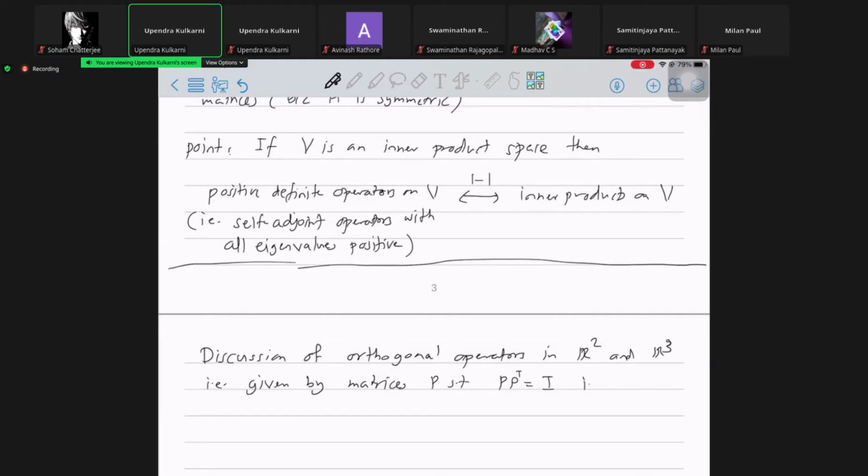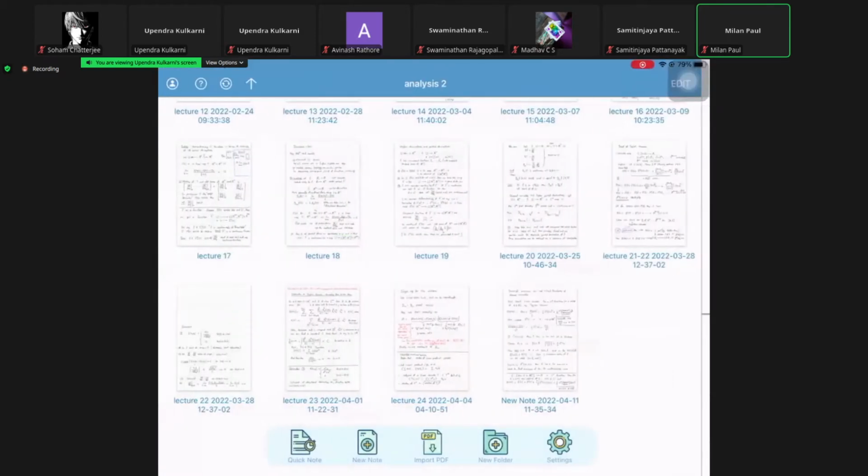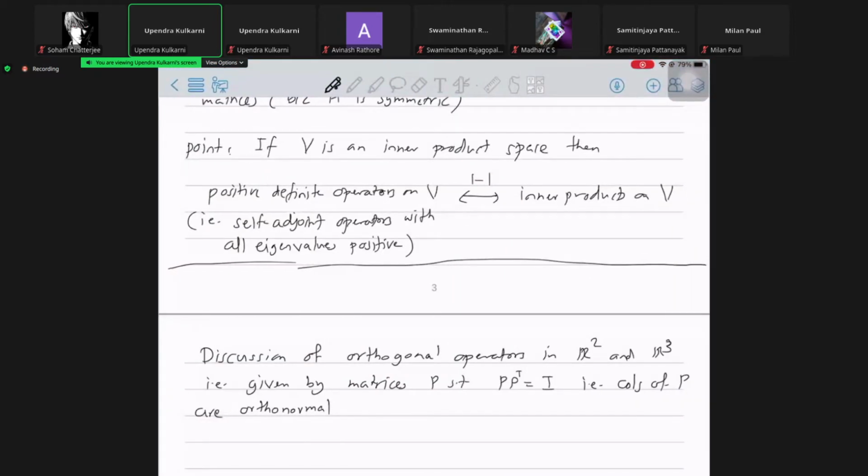So what does this equation mean? P P transpose equal to identity is exactly saying that the rows or columns, because this equation is equivalent to saying P transpose P is identity, that the columns of P are what? Orthonormal. So it is much easier to do this geometrically, right?